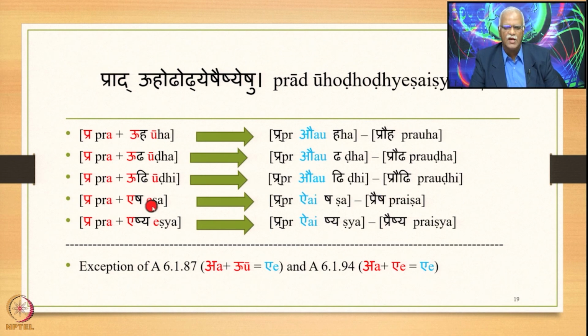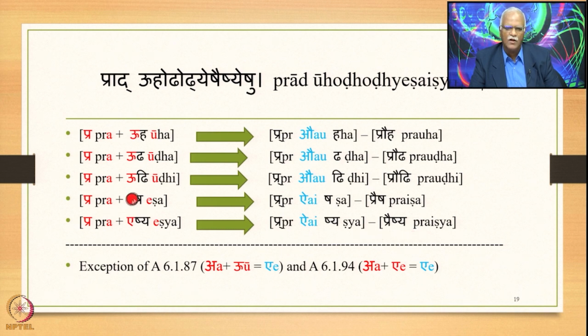Pra plus esha and the output generated is pra aisha, praisha. And finally, pra plus eshya and the output generated is pra aishya, praishya. These are the words that are generated following this particular vartika statement.